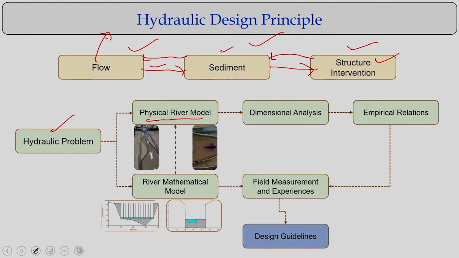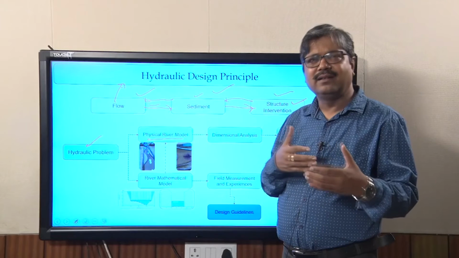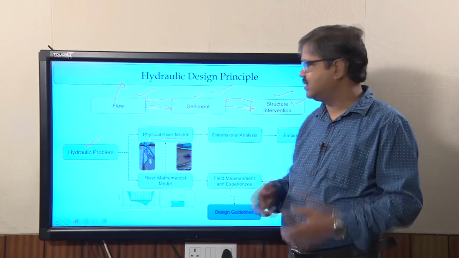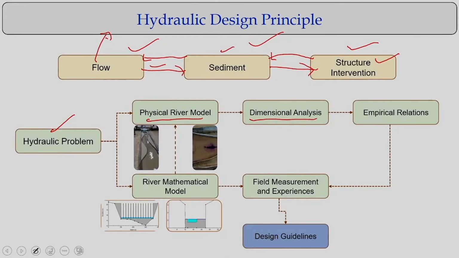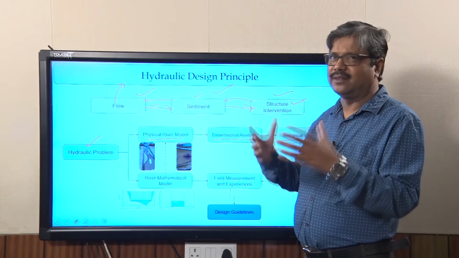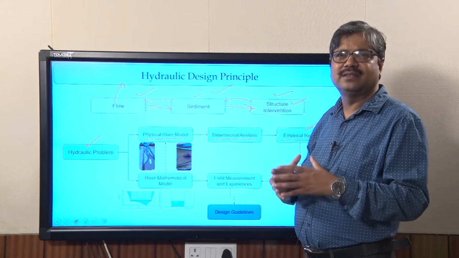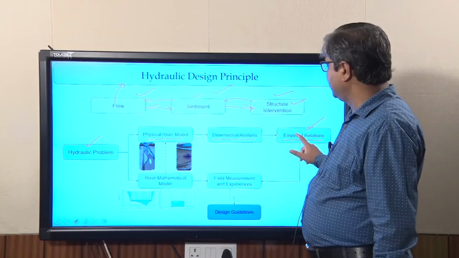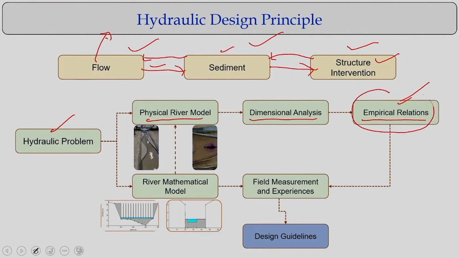We have the flume, we put the piers as scaled down models and run different flow characteristics and sediment characteristics, and do dimensional analysis to establish an empirical relationship between the scour depth and the flow characteristics, sediment characteristics and the structure characteristics, like the pier dimensions and the type of piers. That is how we establish empirical equations.